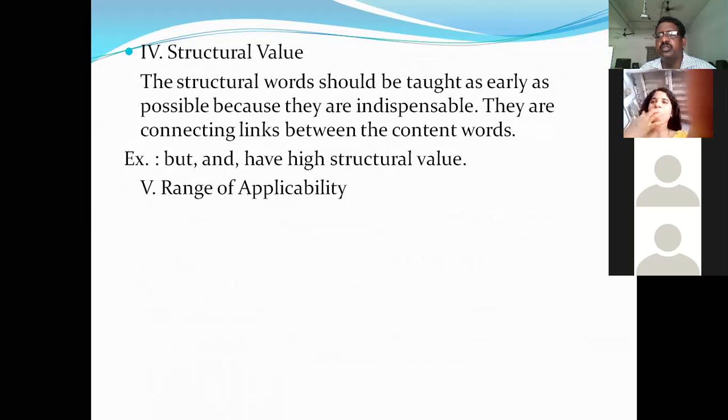See now, first, simplicity. Look for the simplicity of a word. Suppose, for example, great and tremendous. Both mean the same, but frequency is there for great. Great is the simple word, and frequently we are using great, not tremendous.